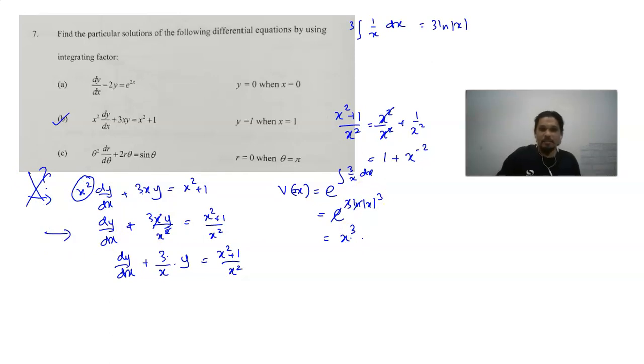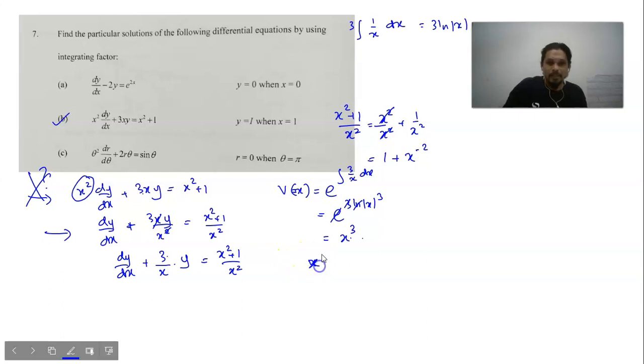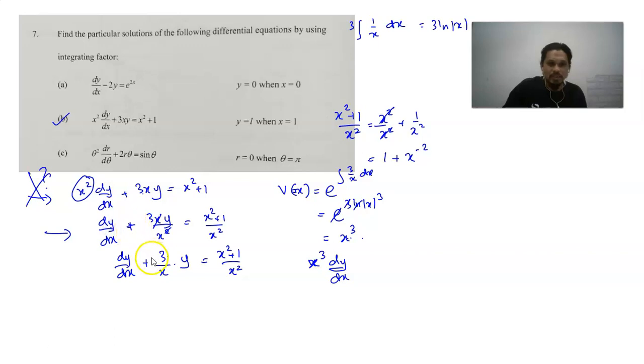Means that x cubed times dy/dx, and then this one here, we can refer to the simplest one.